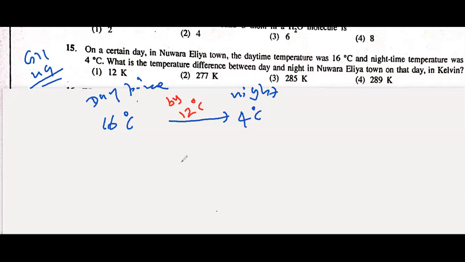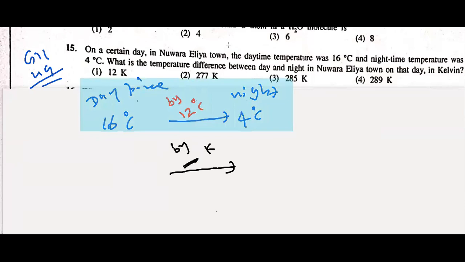Now they ask this in Kelvin. How do we convert this into Kelvin? I simplified the data given: daytime 16 has become nighttime 4. The temperature difference in Celsius is 12.